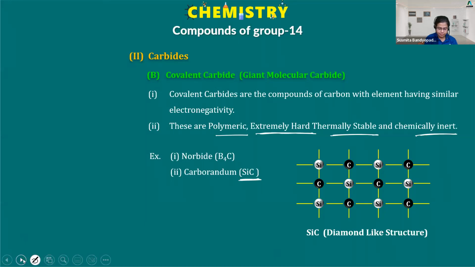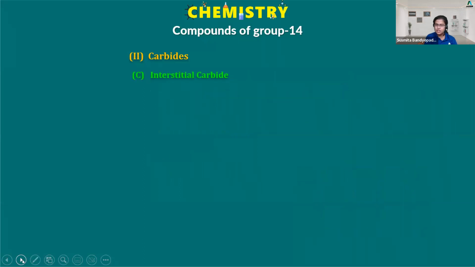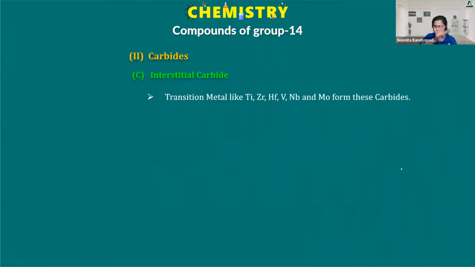So carbides are ionic, covalent, and the third type, I can expect a metal lattice having some voids, and in those voids, in those gaps, what is there? A small carbon atom can accommodate itself. So interstitial carbide, the third type. The transition metals will form a lattice.